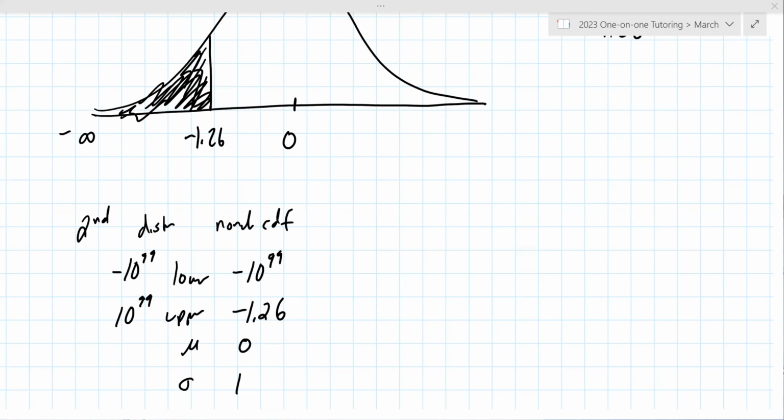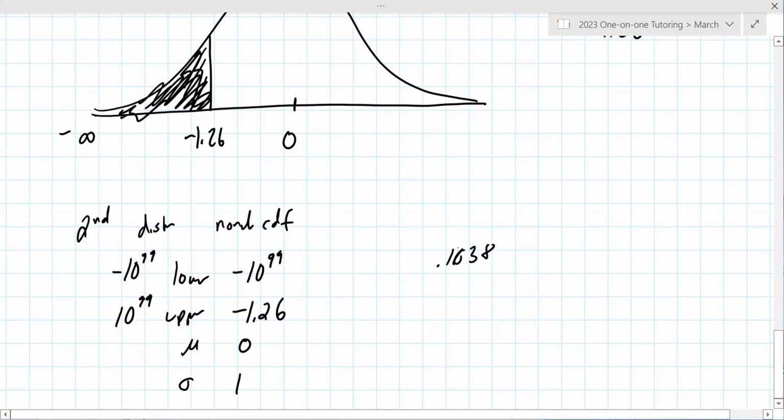Yes, that's correct. Is that okay? Yeah, that's perfect. I was just writing it down.